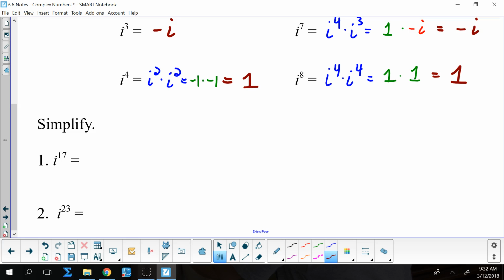So I got rid of 16, maybe that's 1. So I just have i to the 1st, which would just be i. So you said I found that this was i to the 16th times i, which became 1 times i. So you got just i there. Follow factors of 4. Yep.